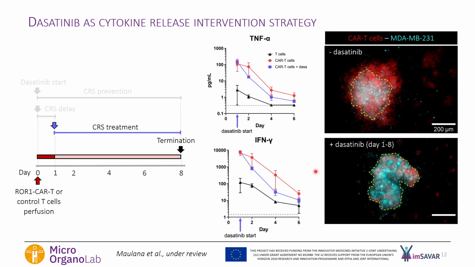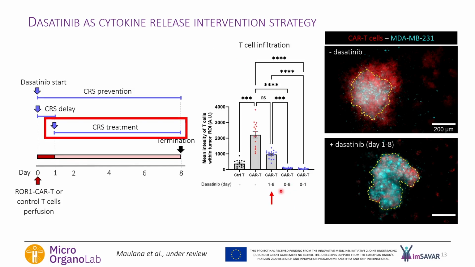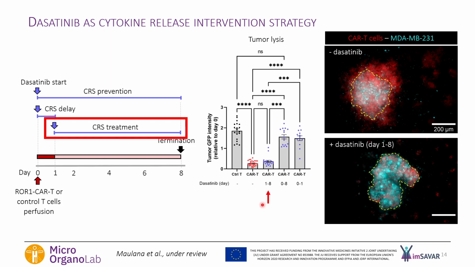So when we quantify the T cell intensity again within the tumor region of interest, we could see that we have half of the density of the T cells compared with the non-dasatinib condition. However, when we again measure the GFP intensity of both conditions, we found no significant difference compared to the no dasatinib condition, meaning that we were able to also reach the baseline anti-tumor activity of the CAR T cells.